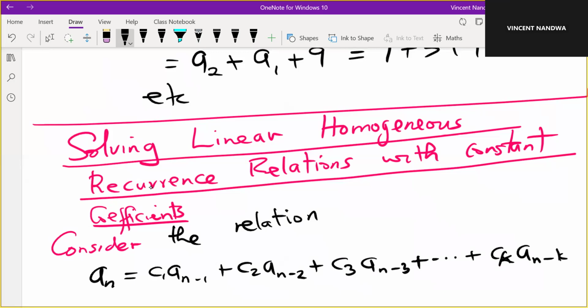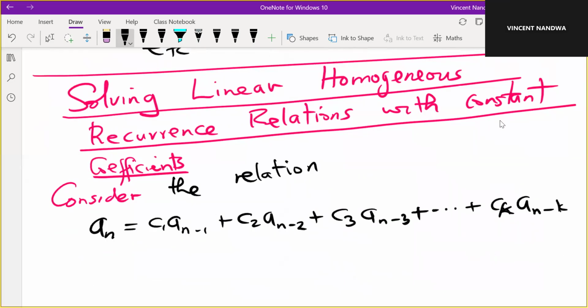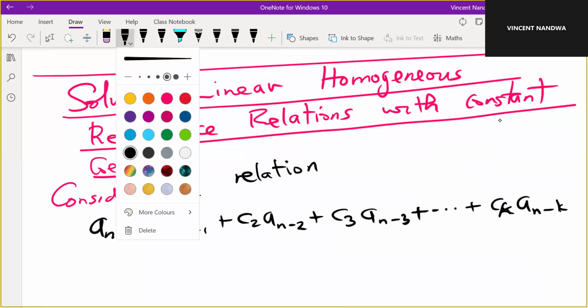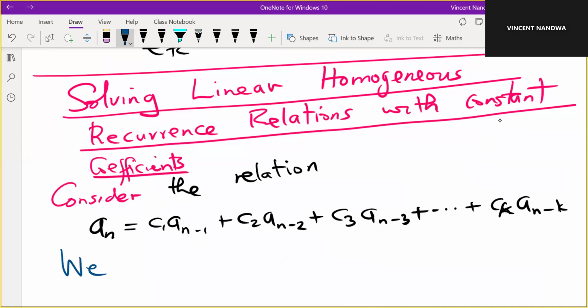So if you remember clearly from the start of this class, this is what we define as the linear homogeneous recurrence relation of degree k with constant coefficients. So consider this recurrence relation, and call this one equation 1.